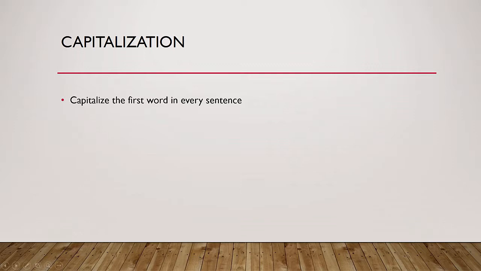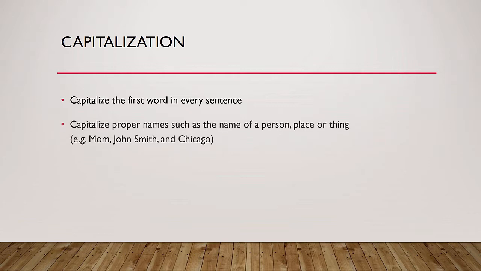Now we know that they begin with a capitalized word. So this is what delineates a sentence. Capitalize the first word, go through to the period, question mark, exclamation mark, and then optionally leave 1 or 2 spaces between it and the next sentence. That's what distinguishes a sentence.